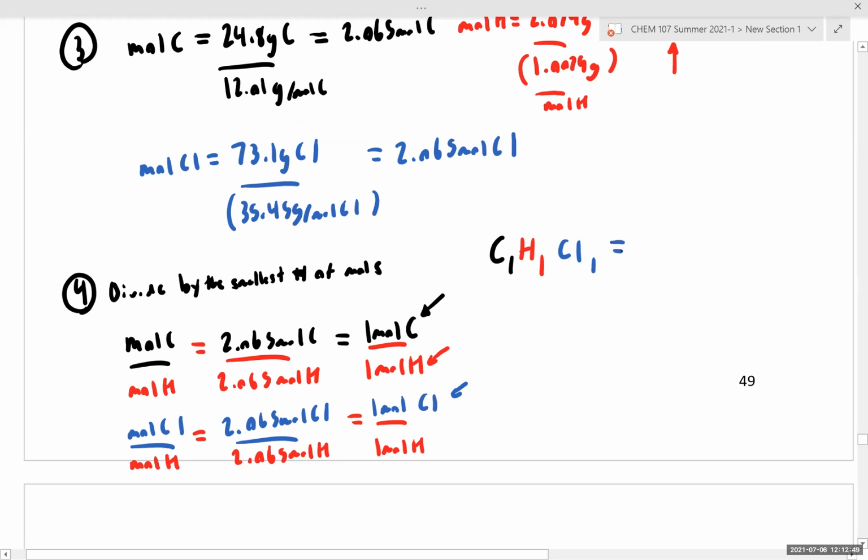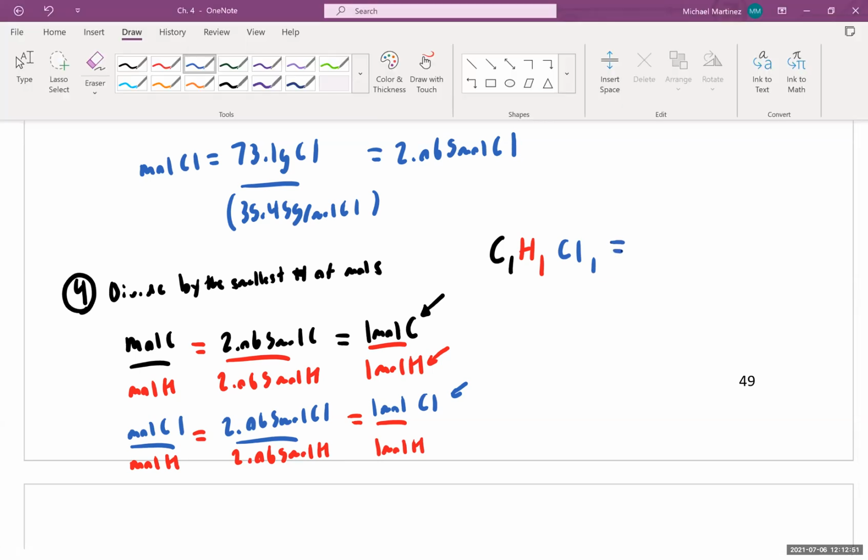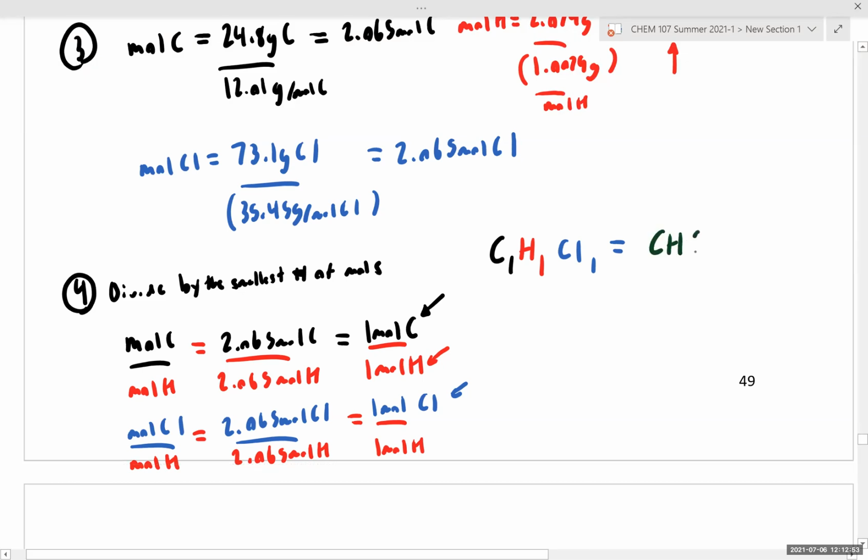And that in turn gives us an empirical formula of CHCl. Does that process make sense to everyone?